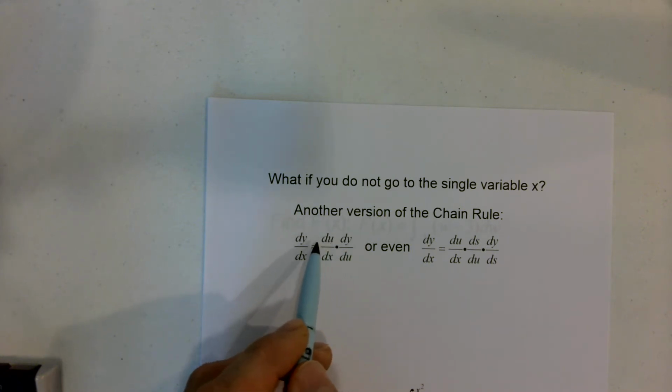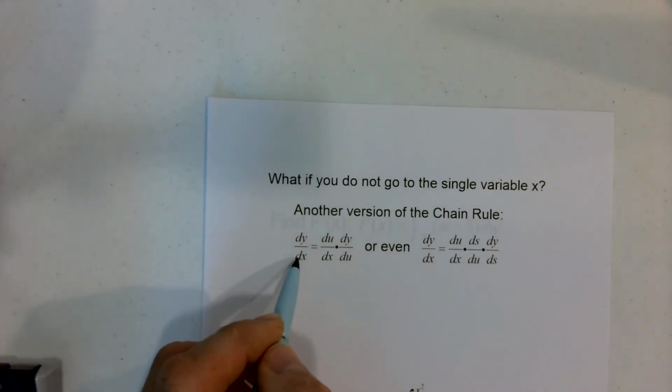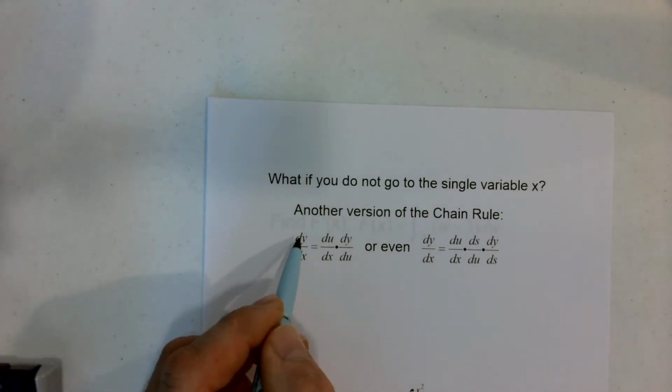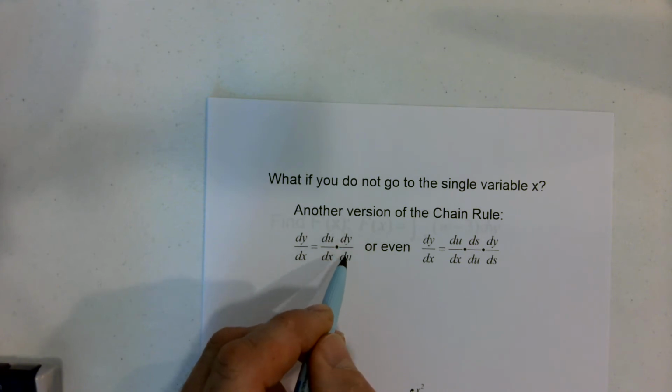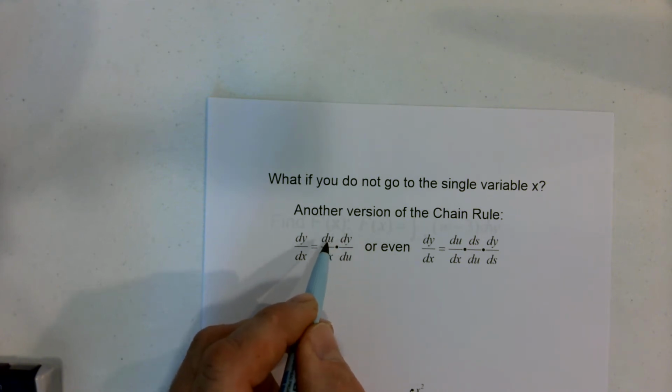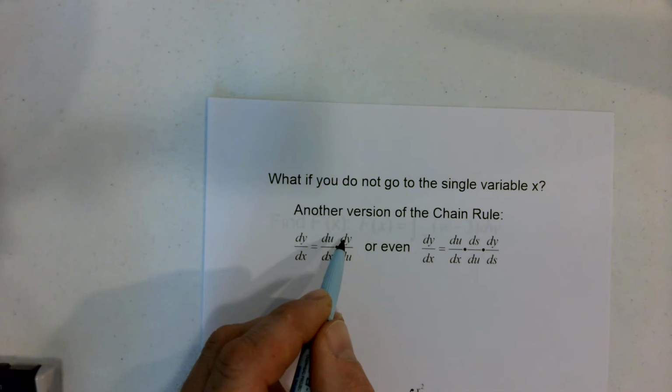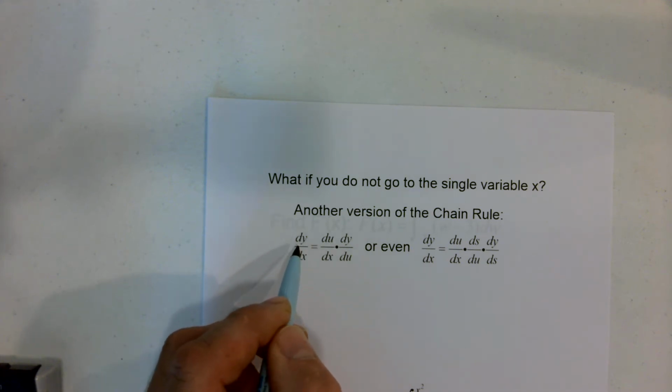So what does this mean? Well, if I know the derivative of u with respect to x, and the derivative of y with respect to u, then if I multiply them together, it's going to give me the derivative of y with respect to x.